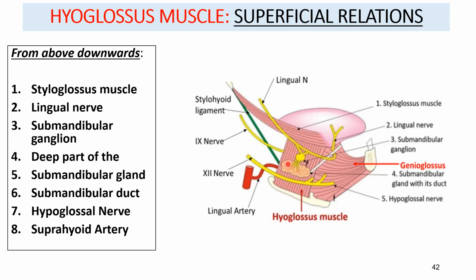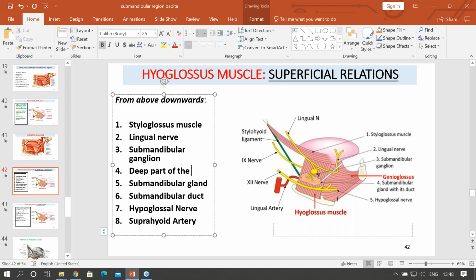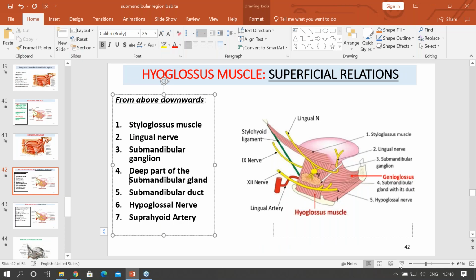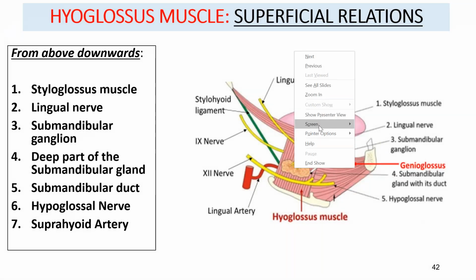What is lying superficial to it? Obviously, the deep part of the submandibular gland, which is related to the hyoglossus muscle.